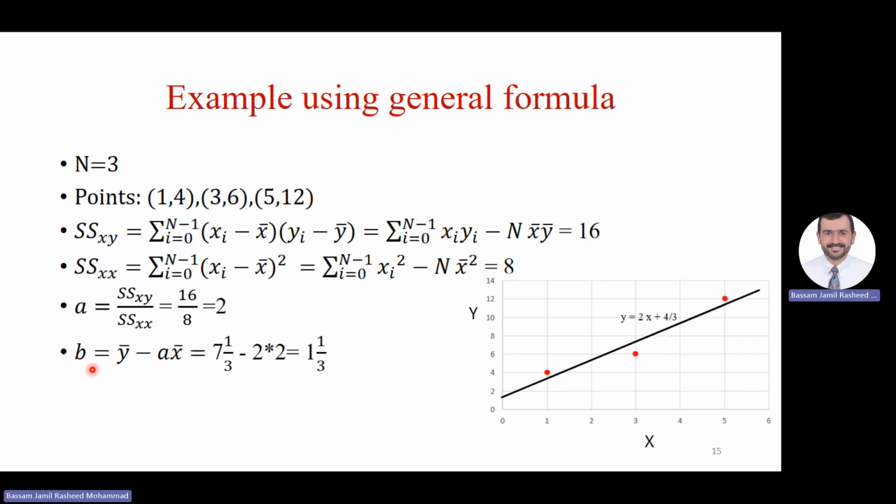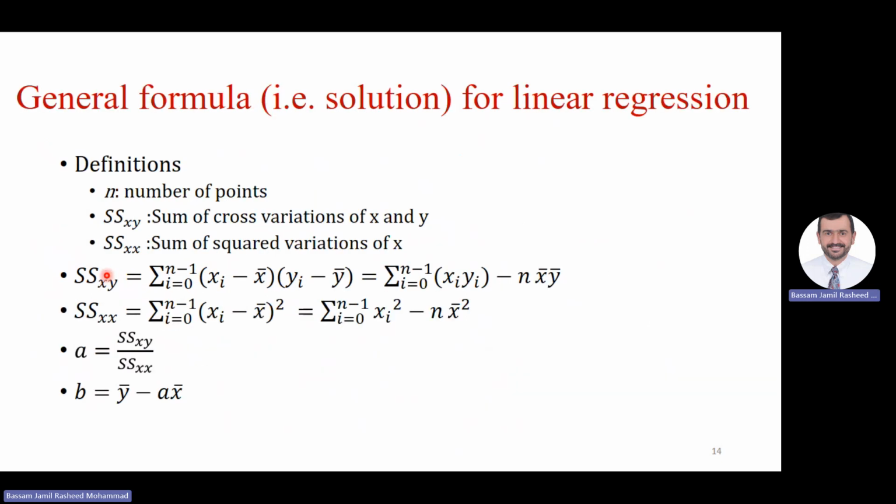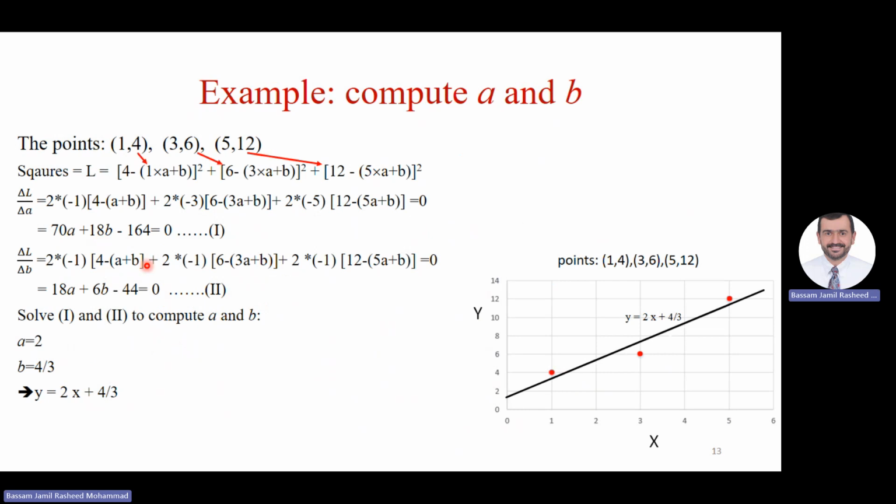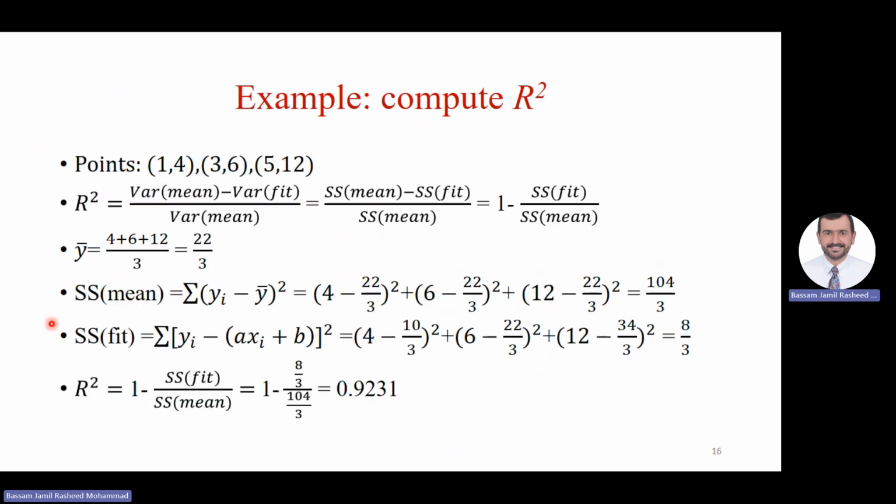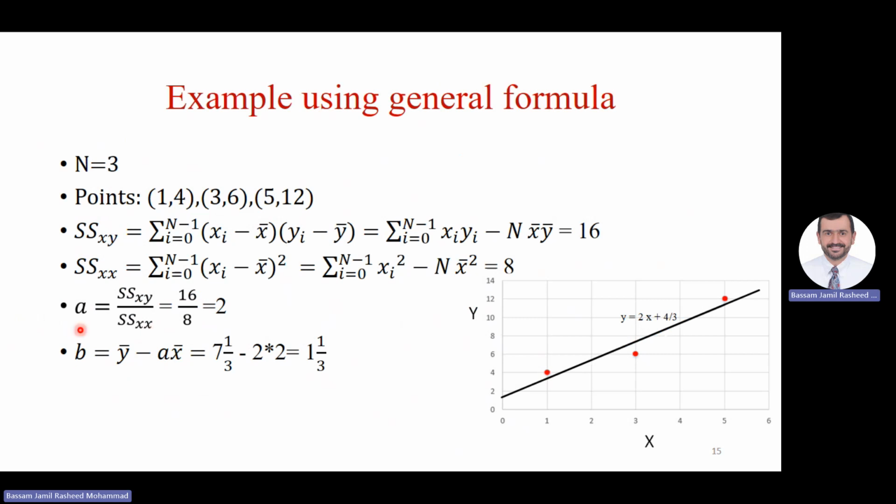And then we substitute with the formula where b equals the average of the y coordinates minus slope times the average of the x coordinates, and this comes up to 1 1/3. And the values of a and b here match what we found in the step-by-step solution. So watch here, a equals 2 and b equals 4/3, and this is the same solution we got here when we applied the general formula.